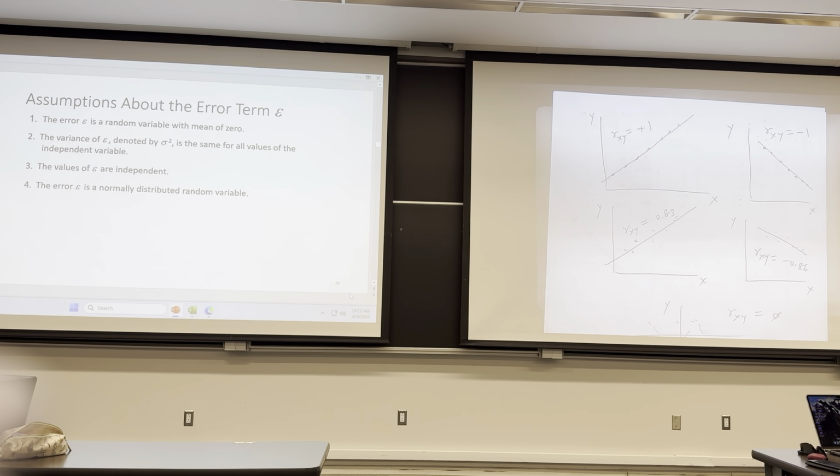Assumption about the error term. The error is a random variable with a mean of 0. Now, the difference between actual value and the estimated value is error. So we are saying over here it is just a random variable.